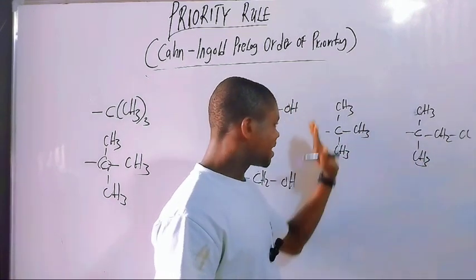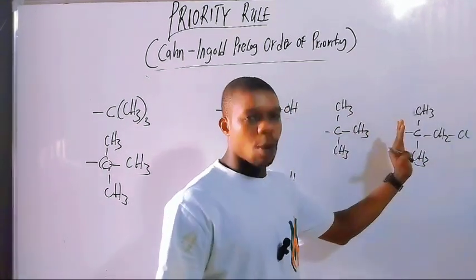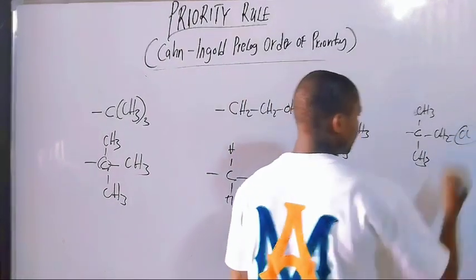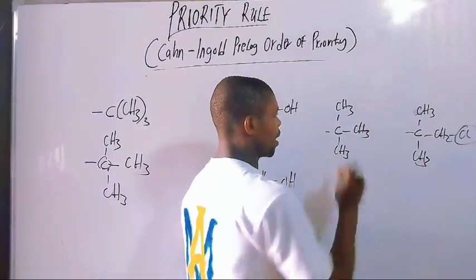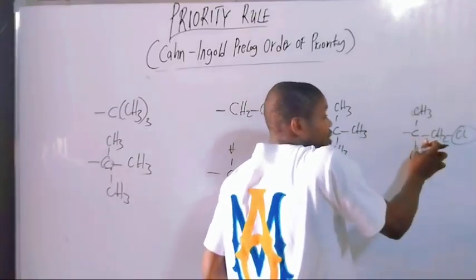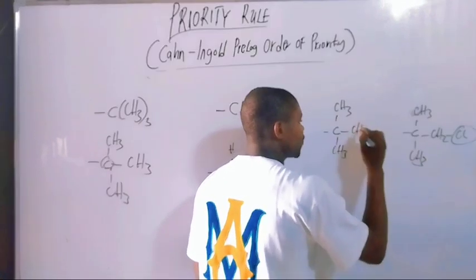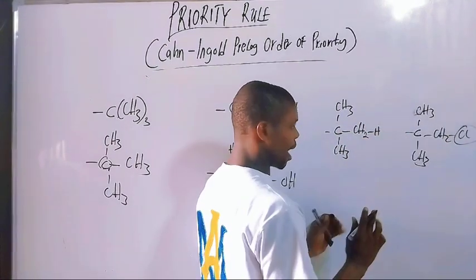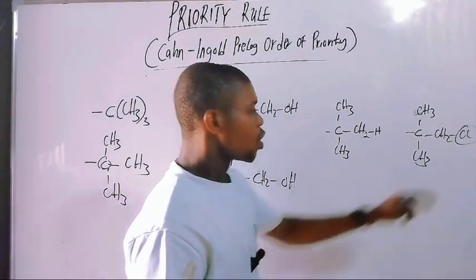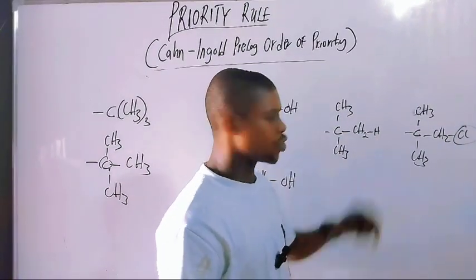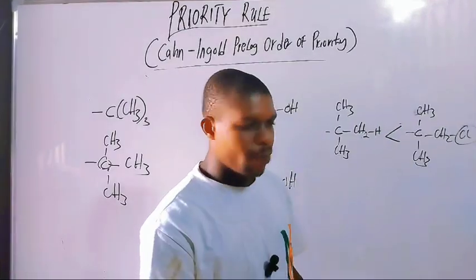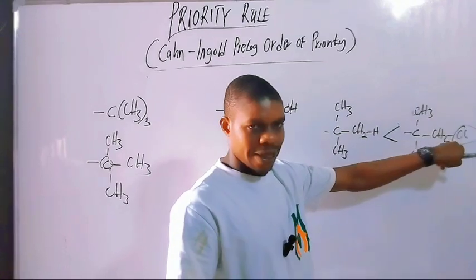It means that they are almost the same, but this one here has what? Chlorine. Right? Because here we have CH3, here we have CH2, it means that here we have CH2 and hydrogen. So hydrogen and chlorine are attracted to each other. Chlorine attracts hydrogen. Do you understand? So this guy is less than this. Why? Because of this chlorine here.